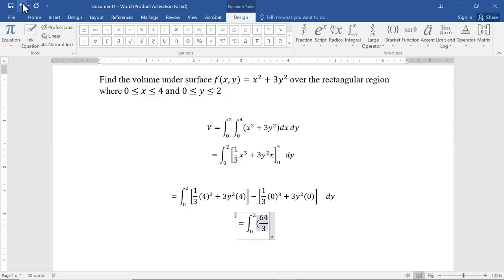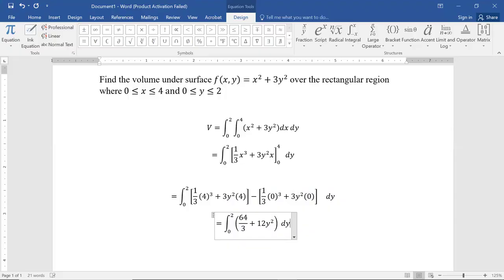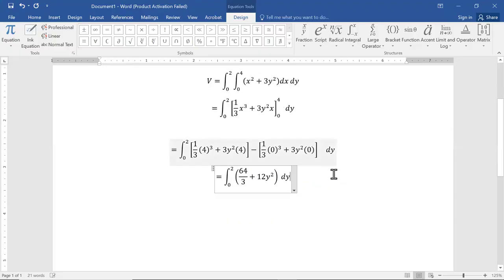When I take 3y squared times 4, that's just 12y squared. And then this whole thing will become a 0. And so that's what I'm integrating with respect to y.